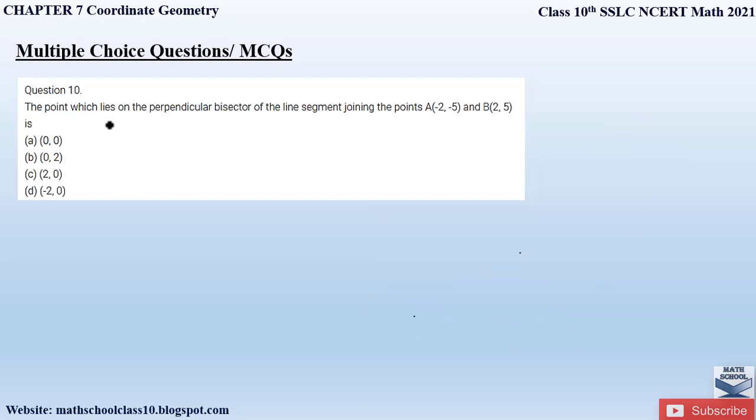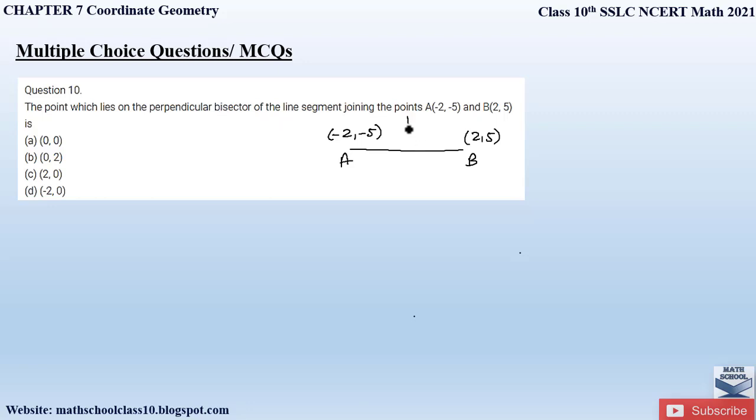Question number 10. The point which lies on the perpendicular bisector of the line segment joining the points. So we have a line segment AB. Again the coordinates are given as A is (minus 2, minus 5) and B is (2, 5). So we have to find out the point which lies on the perpendicular bisector.